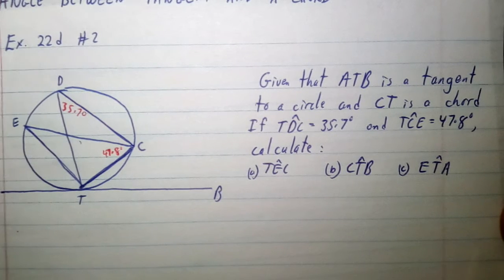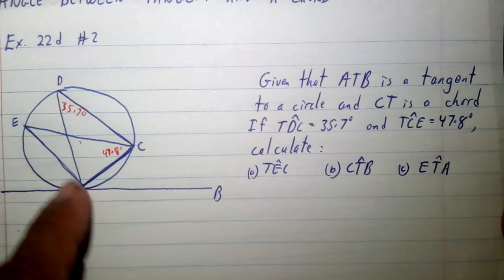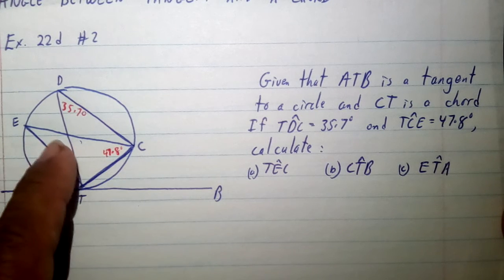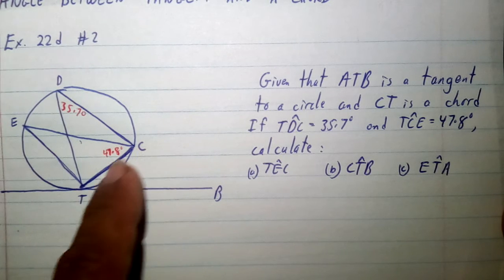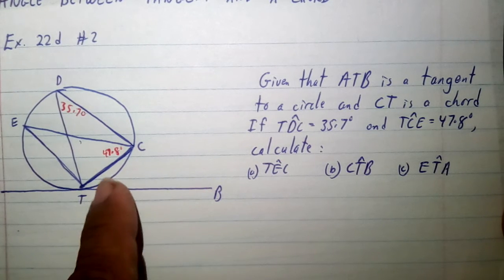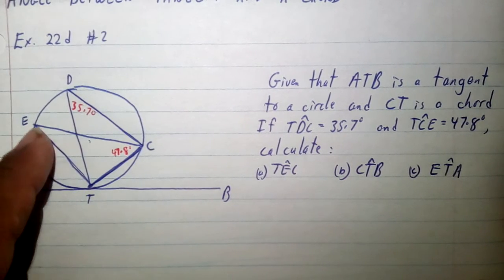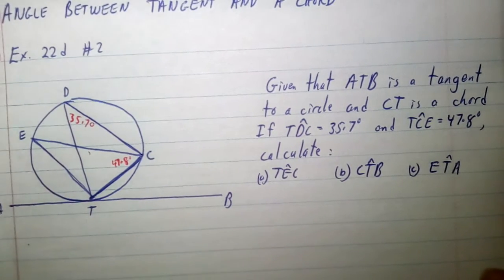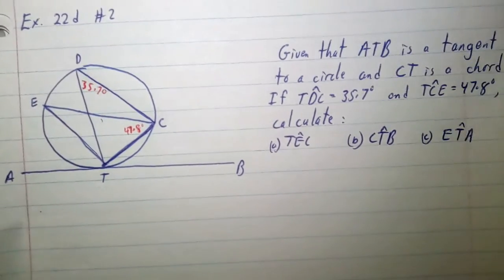They are asking us to solve for angle TEC, this angle here, and for angle CTB, this angle here, and then angle ETA. So we will start with the first problem, and we're going to start solving it.